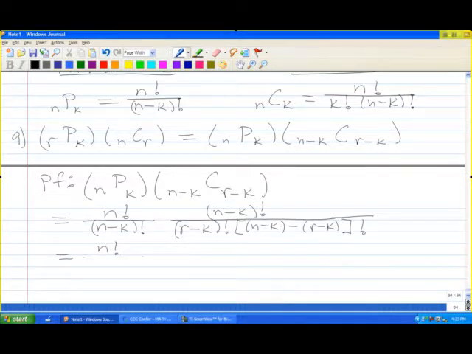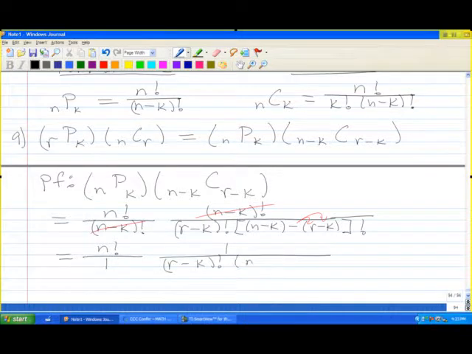Okay. And so this is equal to n factorial over, well, the n minus k factorials cancel. And let's distribute the minus sign.